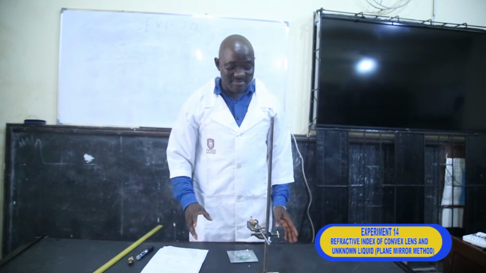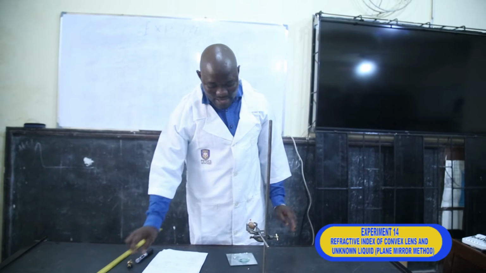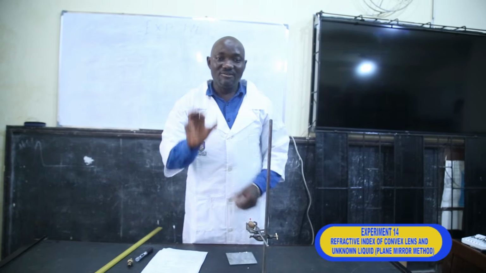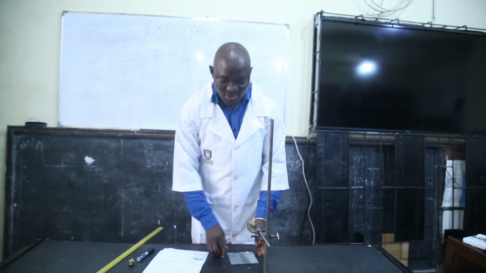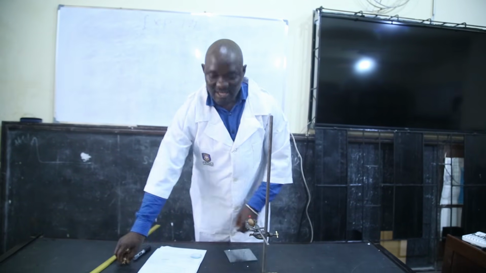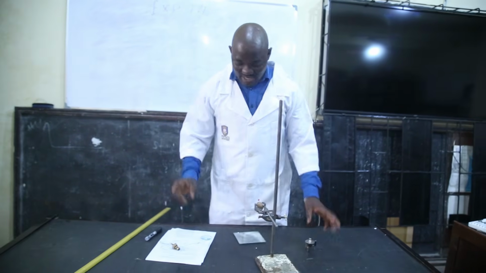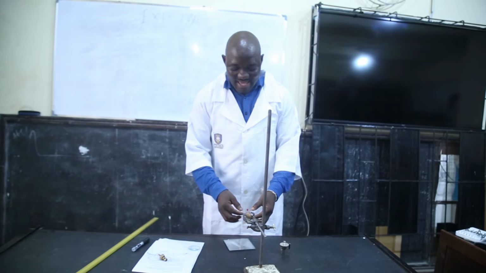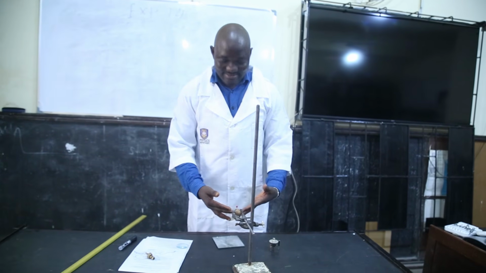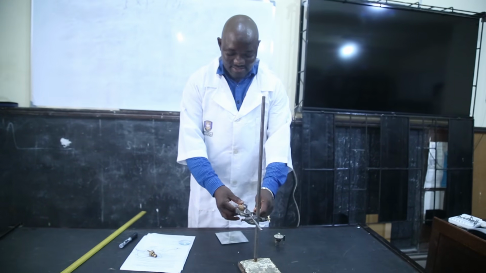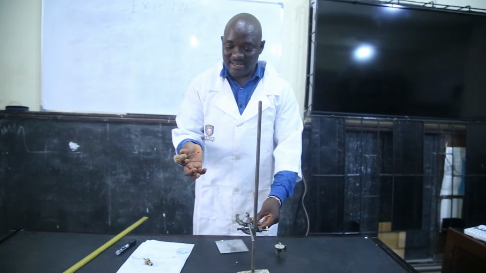The apparatus needed for these experiments are: 1. You need a convex lens, you need a plane mirror, you need a plumb line, a spherometer, then you need a pin. This is the pin needed.